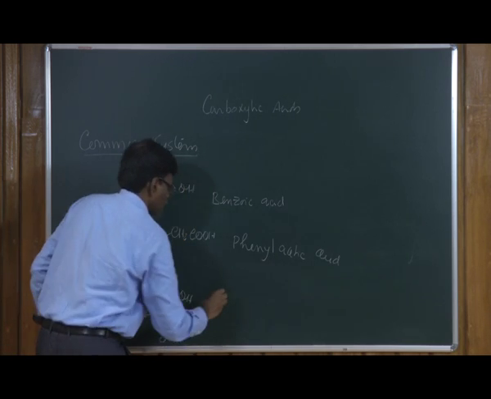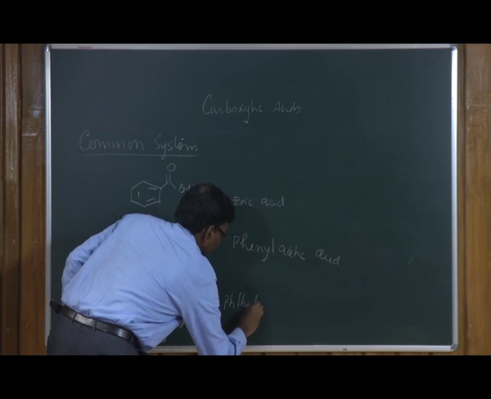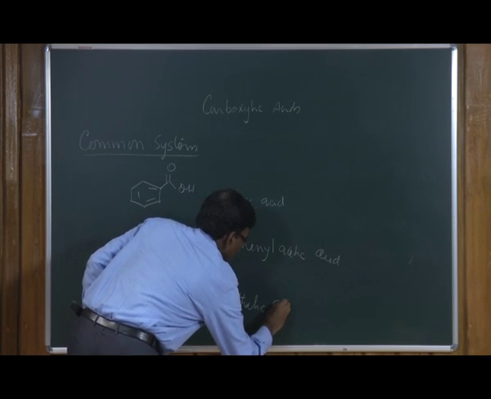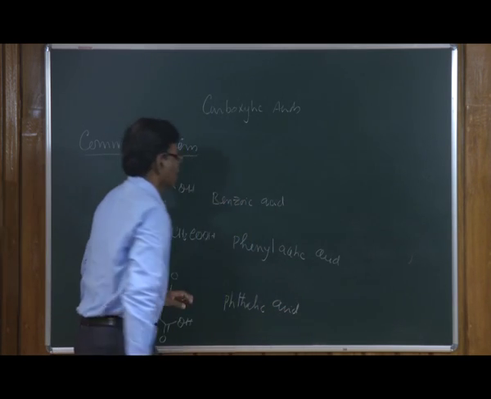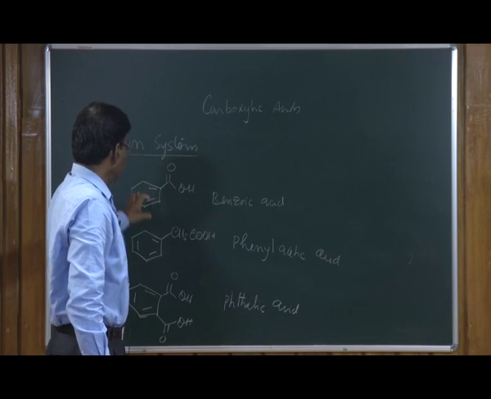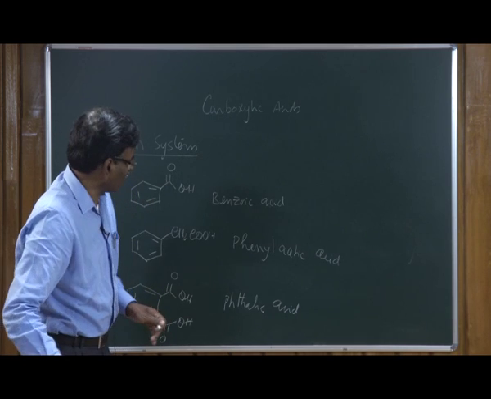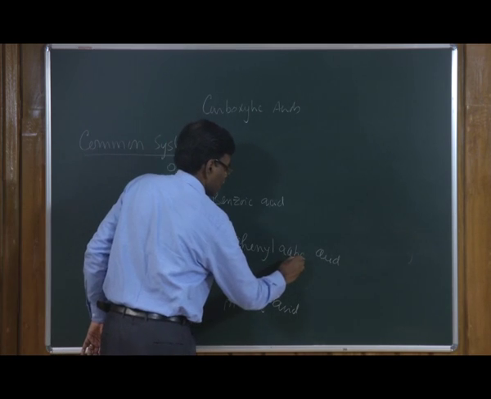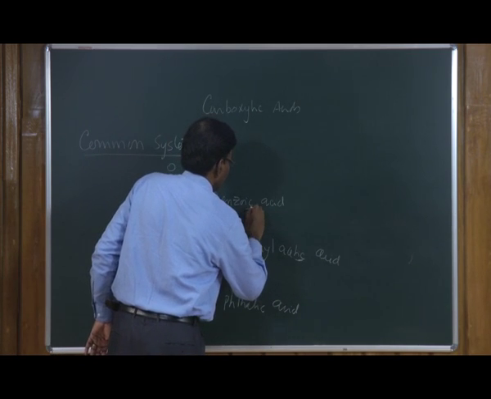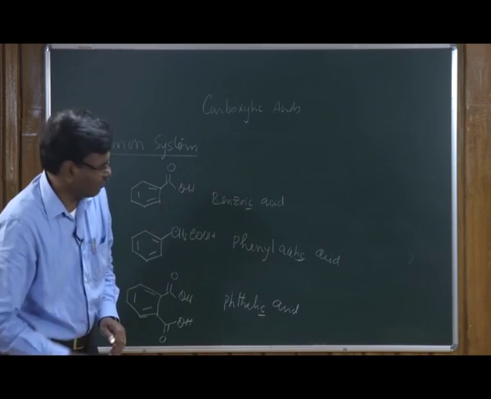This dicarboxylic acid is known as phthalic acid. So, these are the examples for aromatic carboxylic acid. These are the common names, and if you look at all the acids, as I mentioned earlier, they end with IC acid.